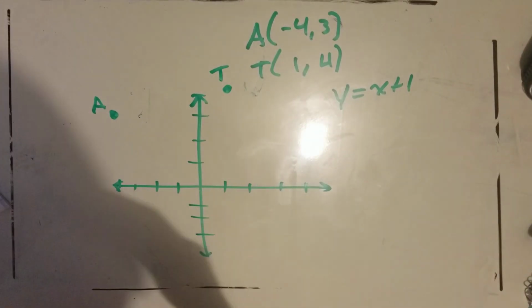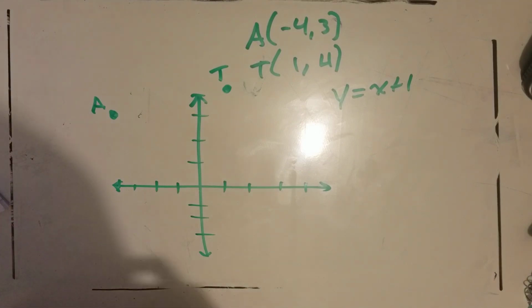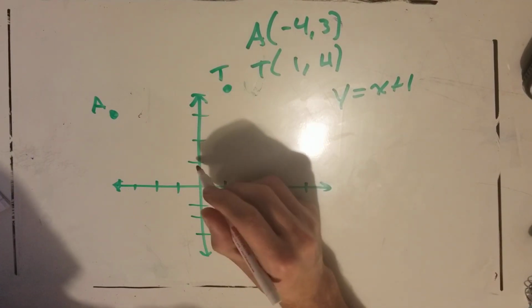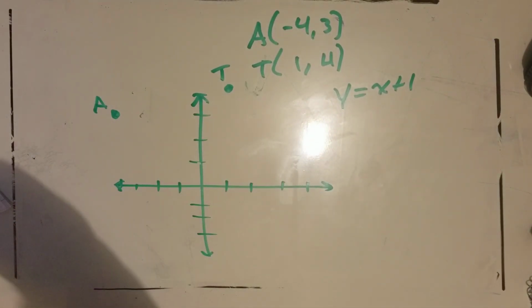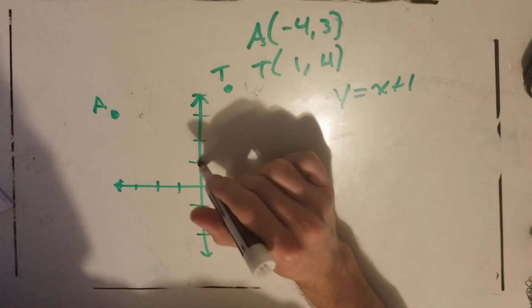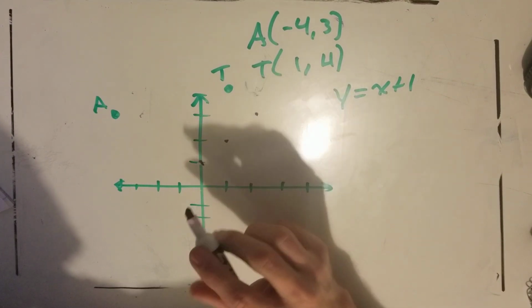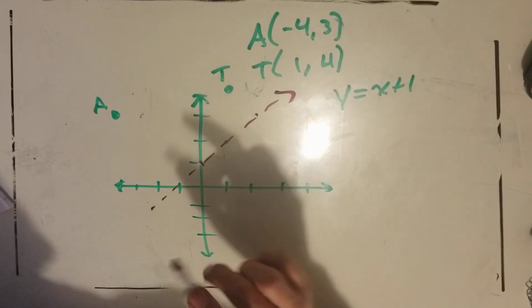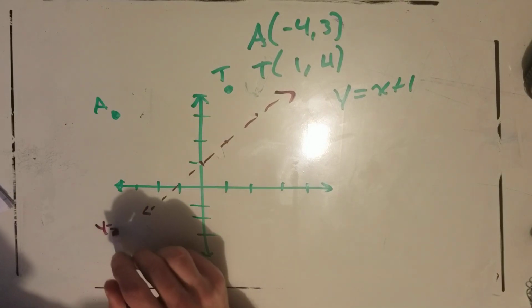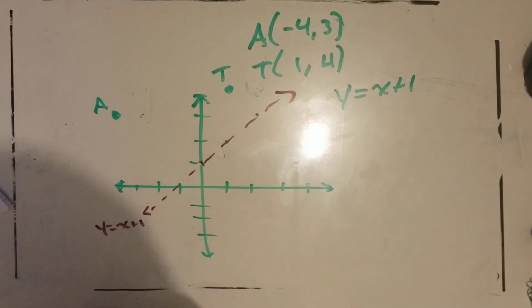This is T. We are reflecting over the line y equals x plus 1. So here, here, here. Maybe a different marker. We are here, here, and here. So we are reflecting over this line, y equals x plus 1.